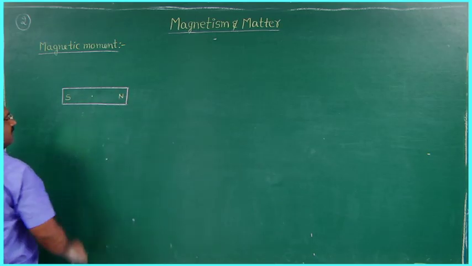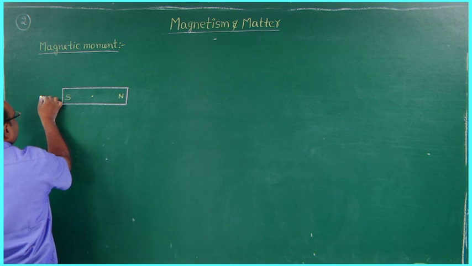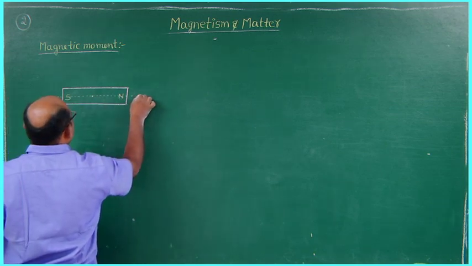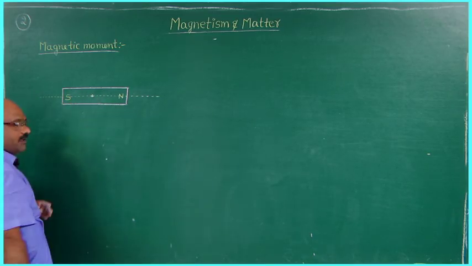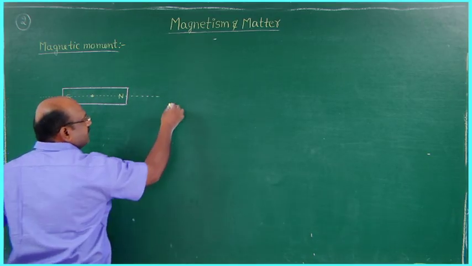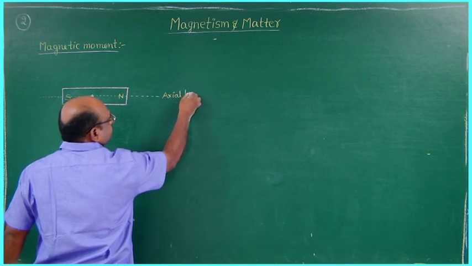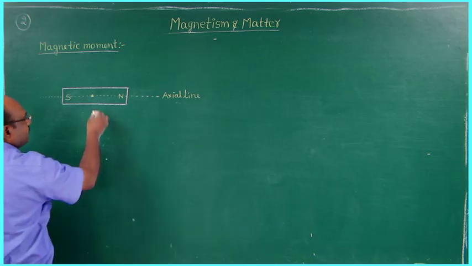Of course, it is the center of the magnet. The line which is passing through the center and parallel to the length of the magnet is said to be the axial line. Now, see, this is the center.